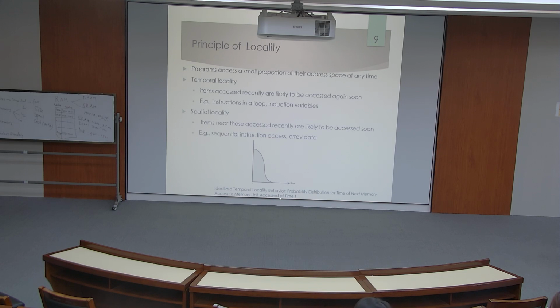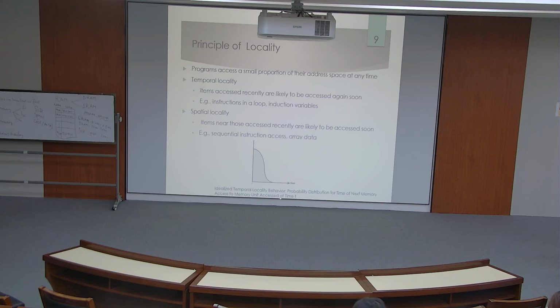For temporal locality, items that were recently accessed have a higher probability of being accessed again in the near future. This is what we call temporal locality.